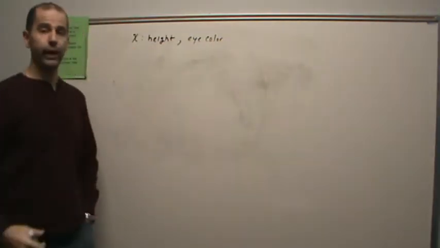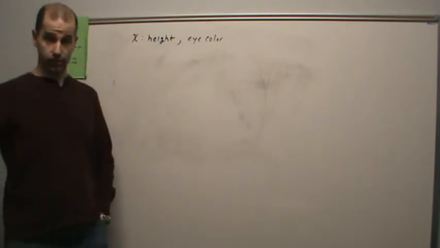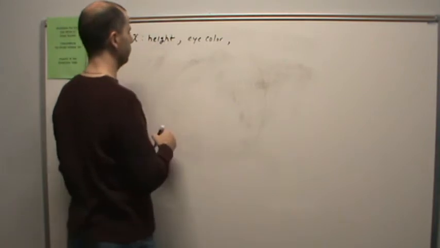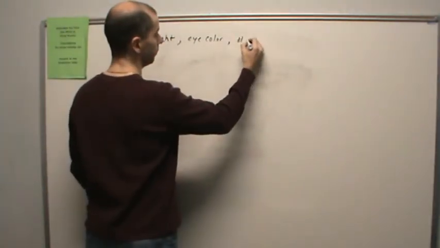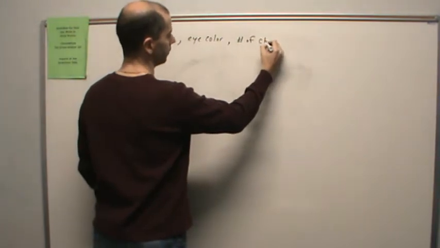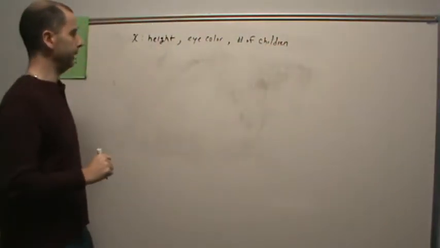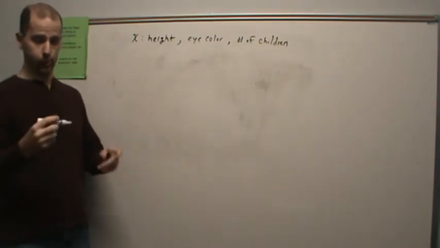It's whatever we're trying to measure that changes. It could be height, eye color, or the number of children in a household. That's an example of a variable.